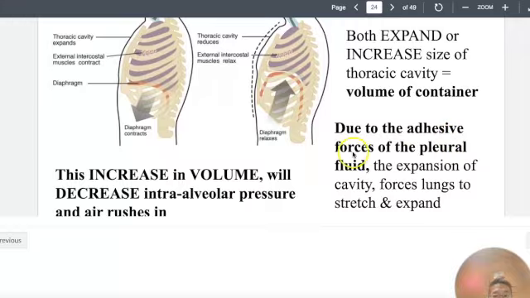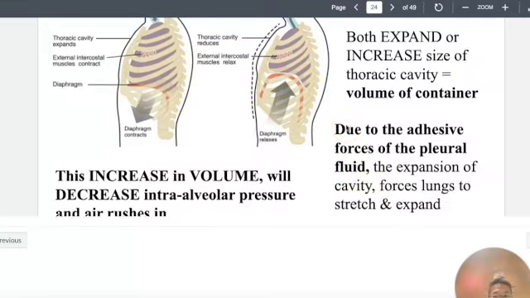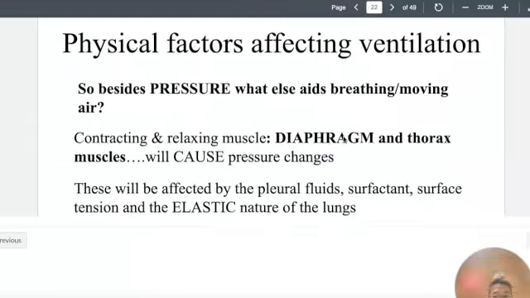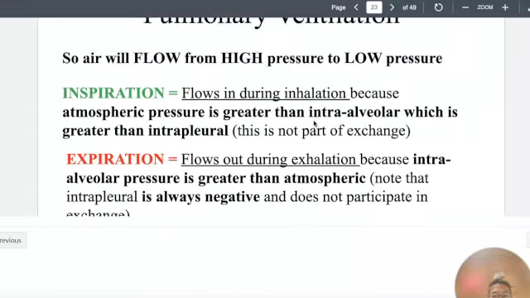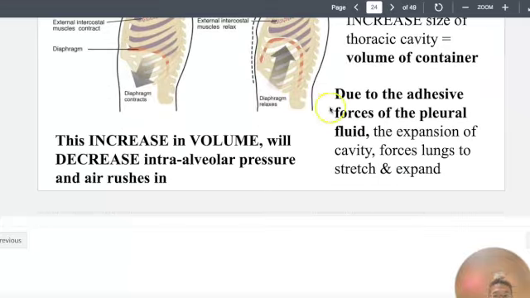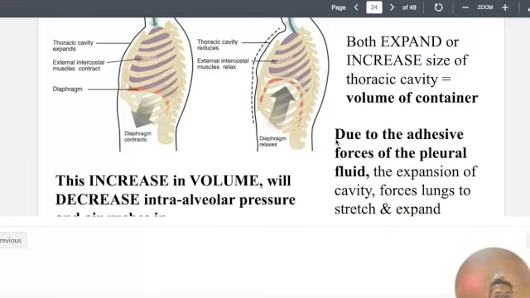Due to the adhesion force of the pleural fluid, again, that negative fluid right here, the expansion of the cavity forces the lungs to stretch and expand.